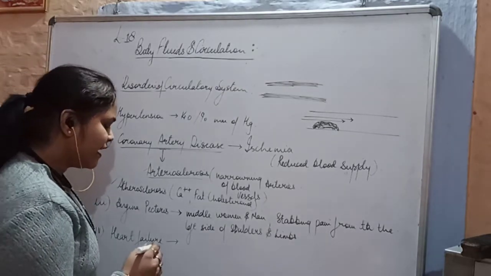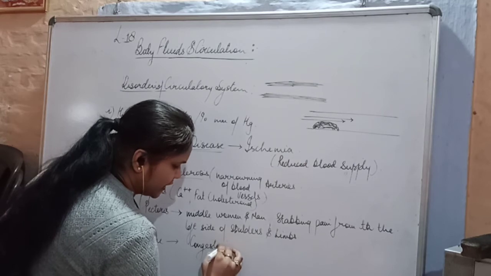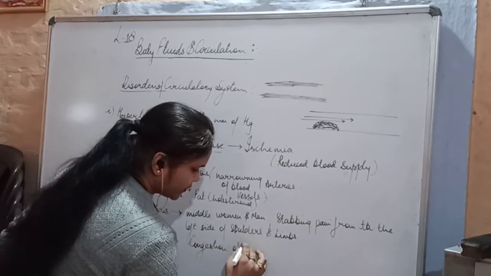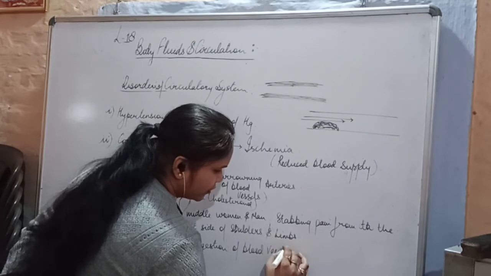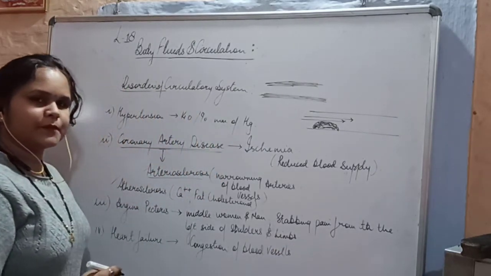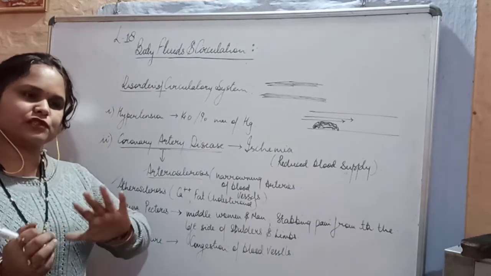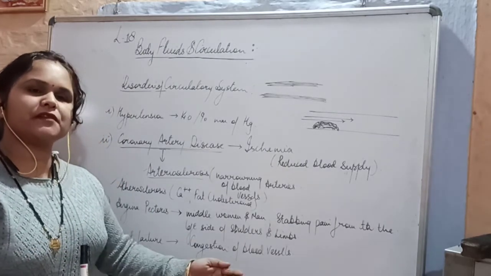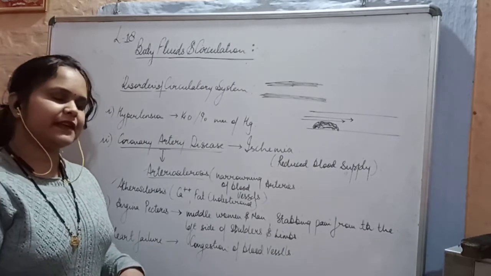Heart failure occurs due to congestion of the blood vessels. When our blood vessels do not supply a good amount of blood, the heart does not receive a good amount of blood and it stops working due to the reduced supply. That condition is called heart failure.